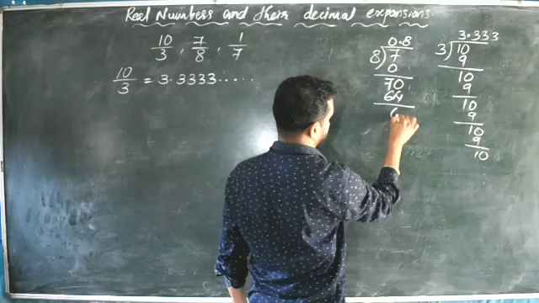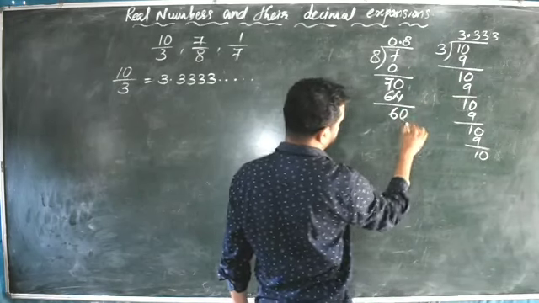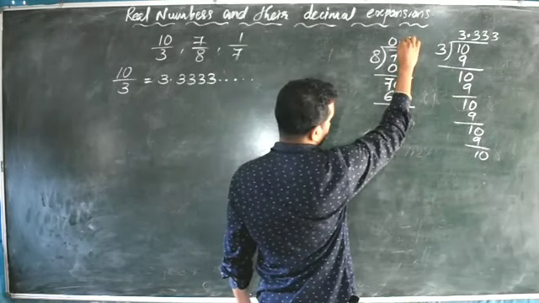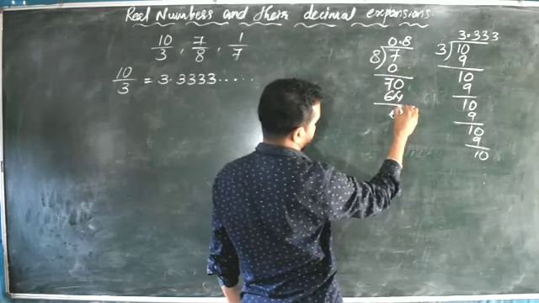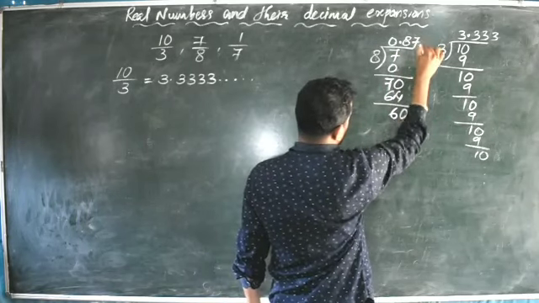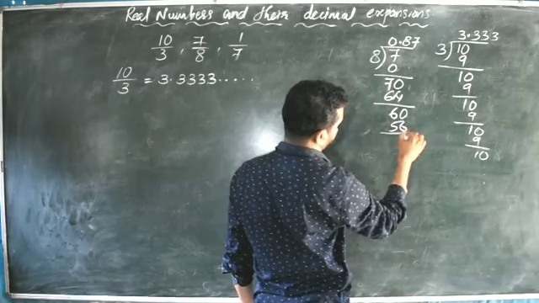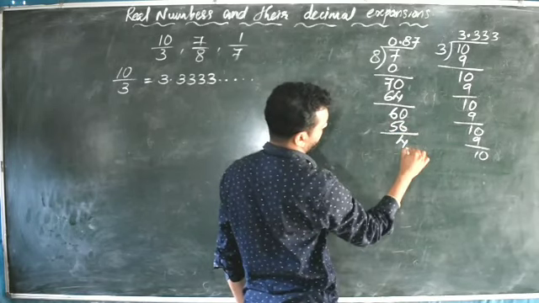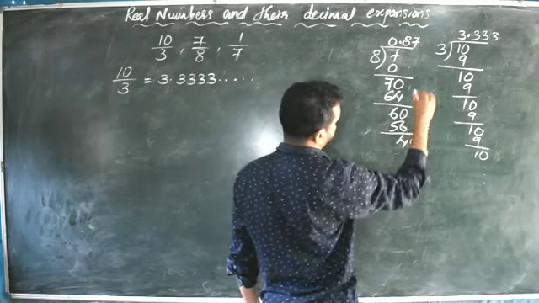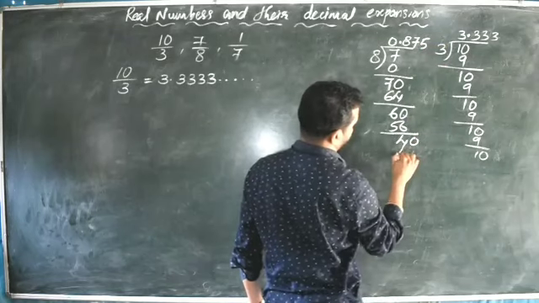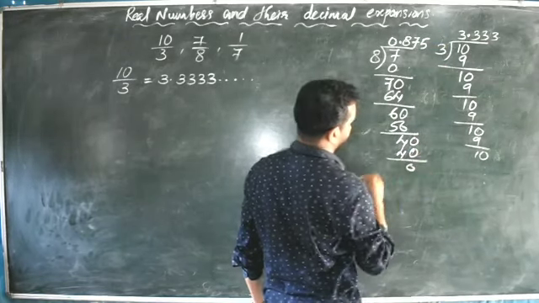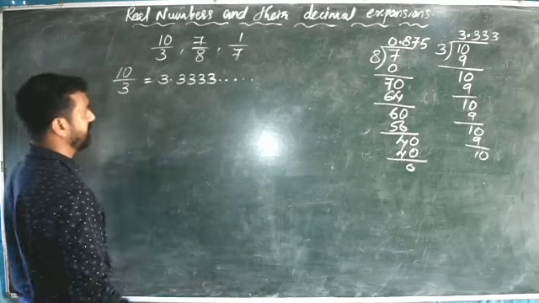Remainder 6. Then again we put 0 here, because the decimal point is already there. 60. 8 7s are 56. Remainder 10 minus 6, 4, and again we put 0 here. 8 5s are 40. Remainder 0.